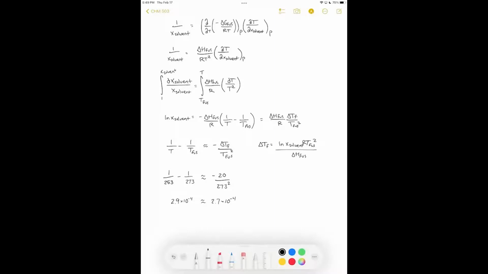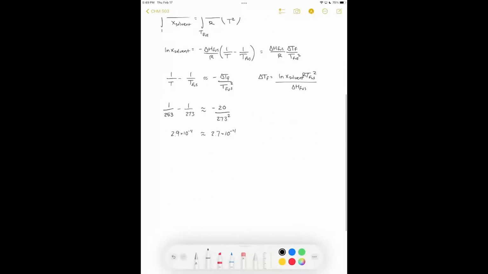So the molality is very similar to molarity, but it's not the same. And the molality is defined as the moles of solute per kilogram of solvent. So I'll go ahead and write that for us here. The molality is moles solute per kilogram of solvent.